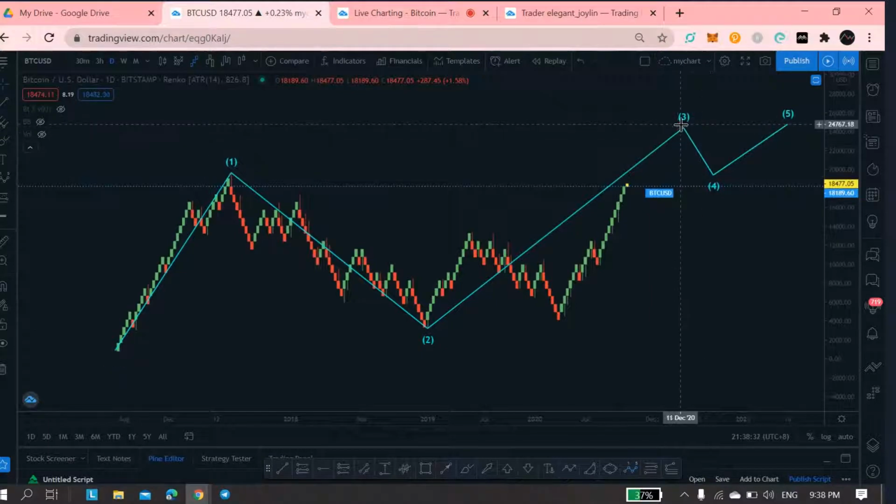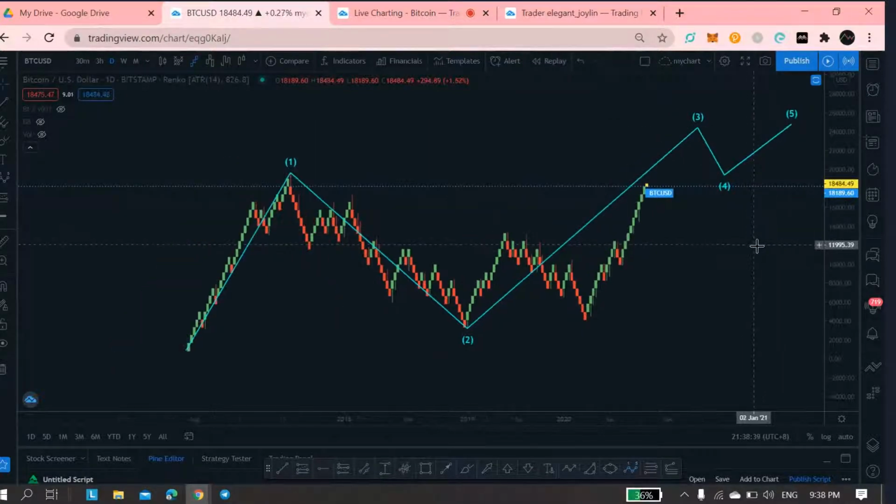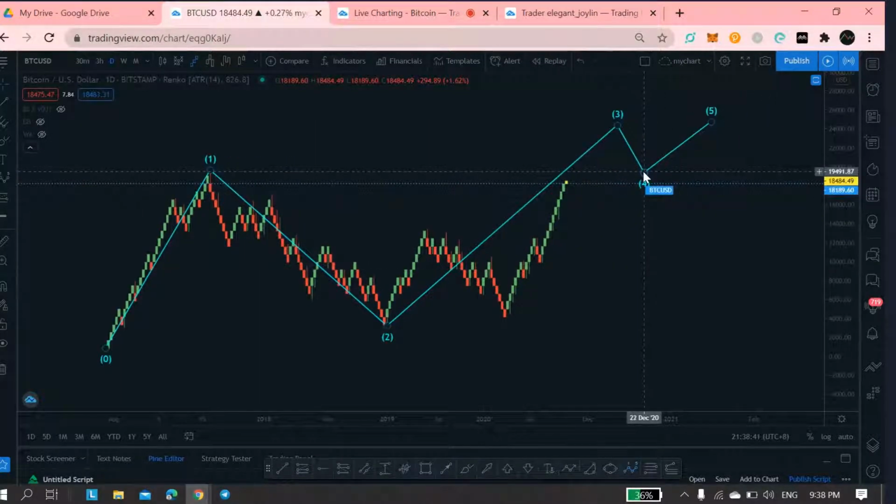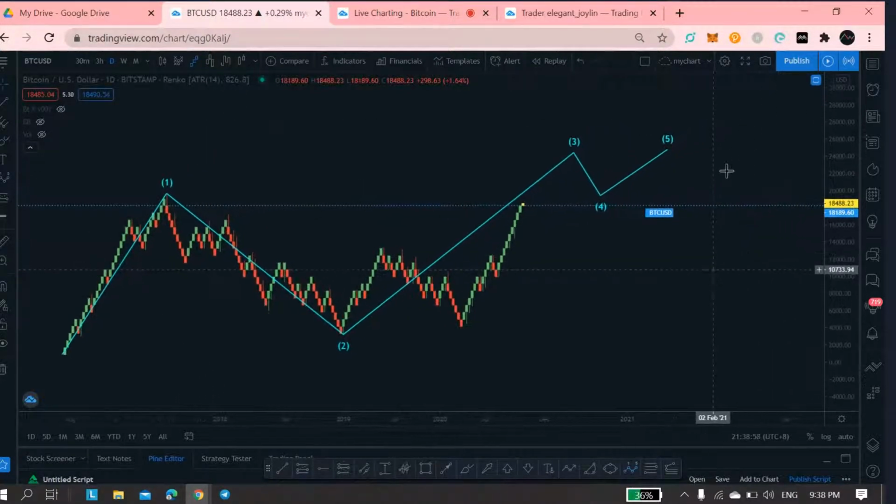Wave 3 should not be the shortest among wave 1, wave 3, and wave 5. And then wave 4 should not go below this wave 1. So this is around 20,000. It should not go below this 20,000 after it passes this wave 1. And then of course the wave 5, which is the final wave.